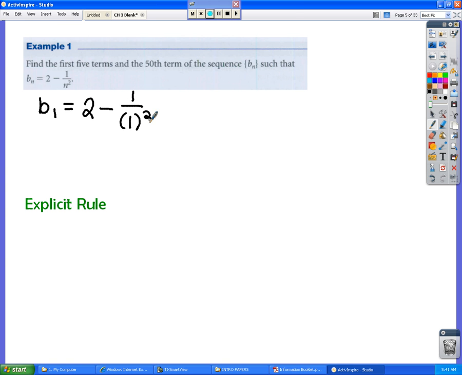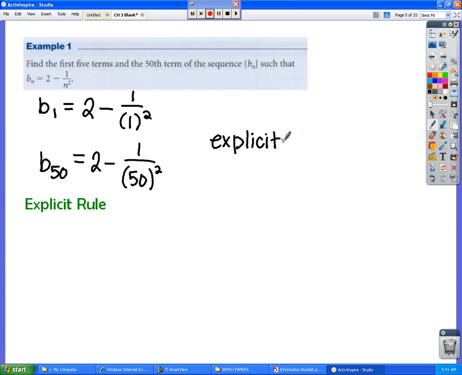And the 50th term would be b of 50, which is equal to 2 minus 1 over 50, whole thing squared. So this is considered an explicit formula because if I want to know the 50th term, I can find it very easily. I don't need the term before it, which would be the 49th term. So that's your explicit rule.